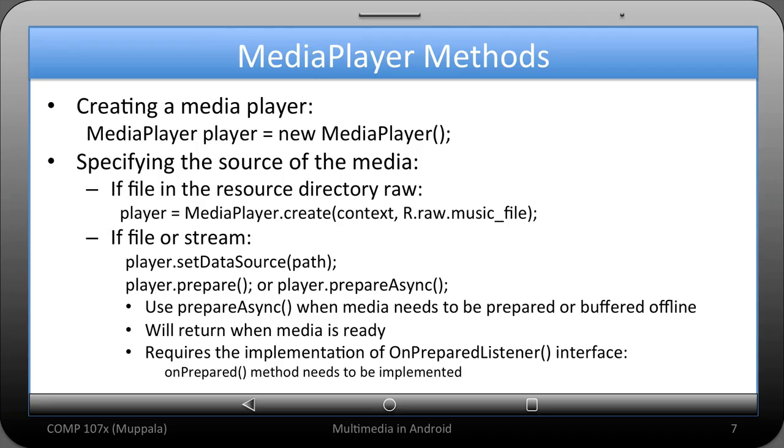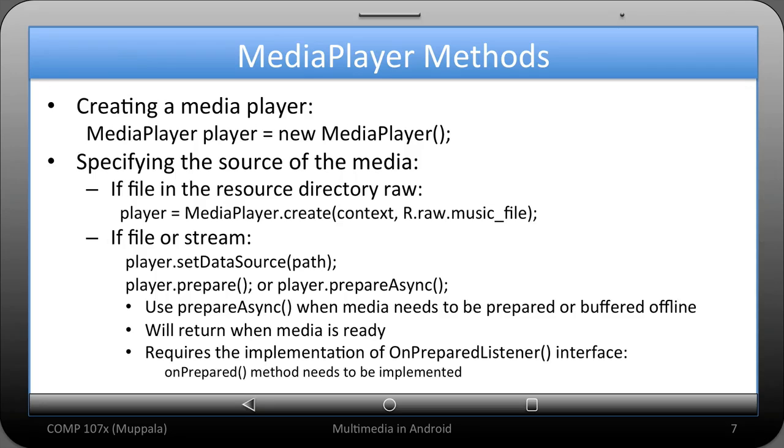If you are using a file that is stored on your device storage, or if you are streaming a file from a server, then you would first set the data source by giving a path for finding the source of the file, either on the device storage or from a server.